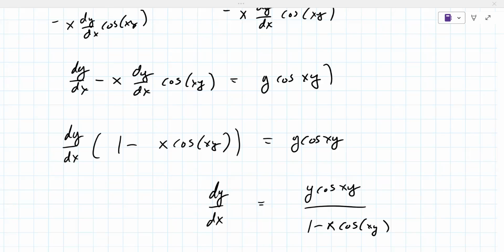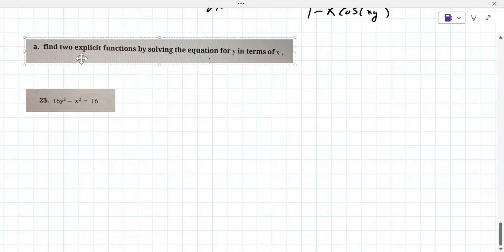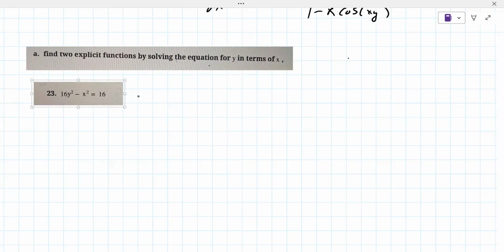All right, so it says first to find two explicit functions by solving for y in terms of x. So what they're basically saying here is to solve for y. So to do that, obviously move the x squared over. 16y squared equals 16 plus x squared.